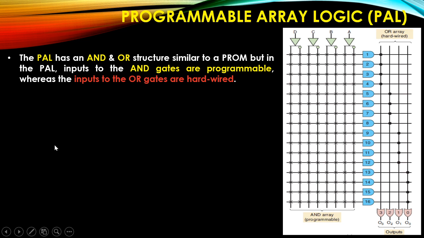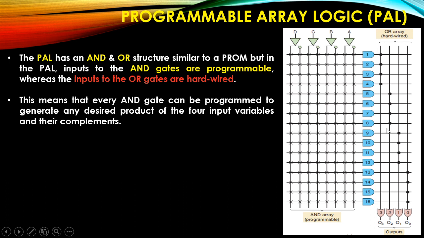Here we can see the AND-OR structure, which is very similar to other programmable logic devices, but here the AND array is programmable. On the left hand side we can see the AND array, which is actually programmable. Here the cross means the fusible links, but on the right hand side we can see the OR array has been hardwired.